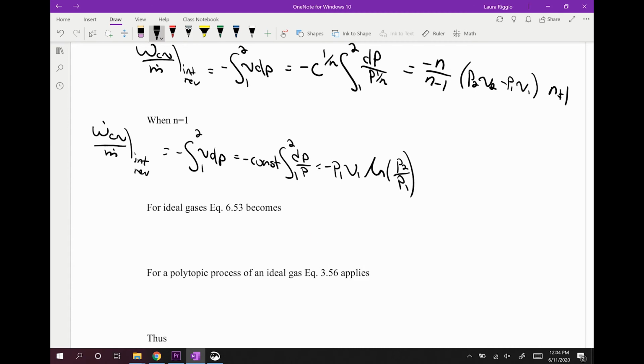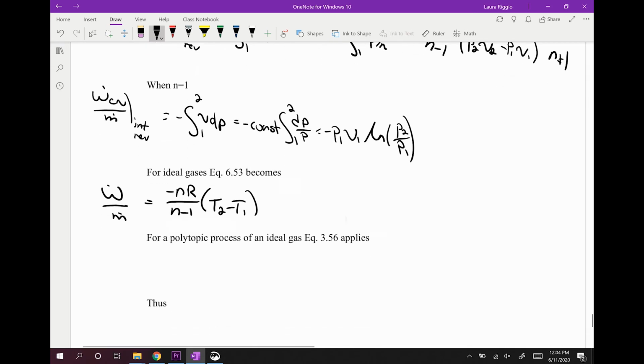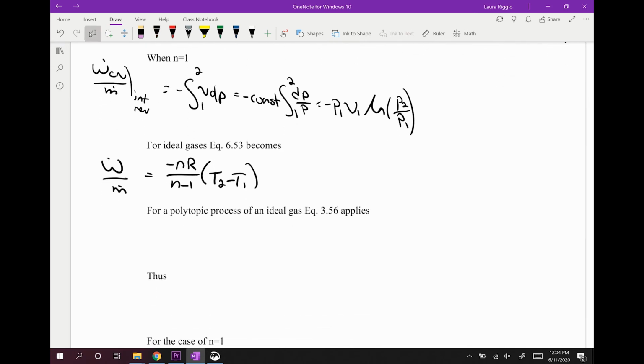For an ideal gas, our equations are going to reduce even further. We're going to get that our work is equal to minus nR over n minus 1 times T2 minus T1. For a polytropic process of an ideal gas, we can use our polytropic process relationships.